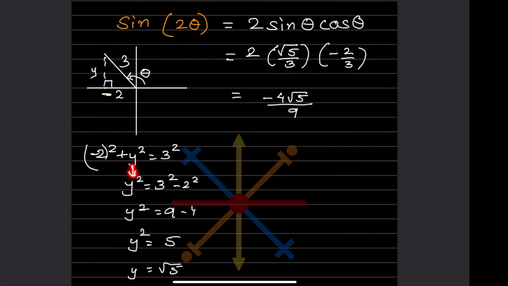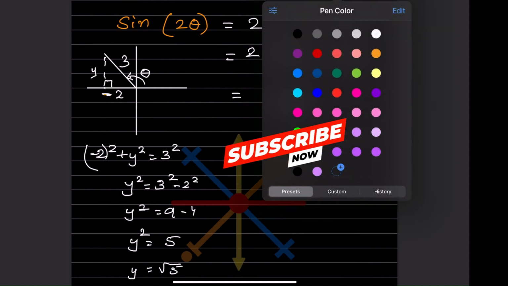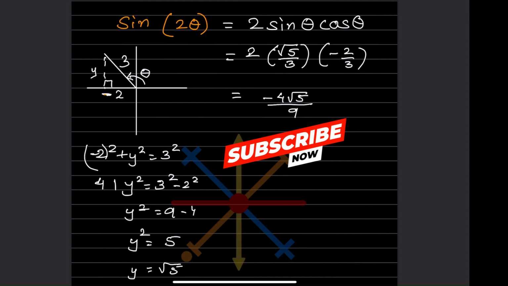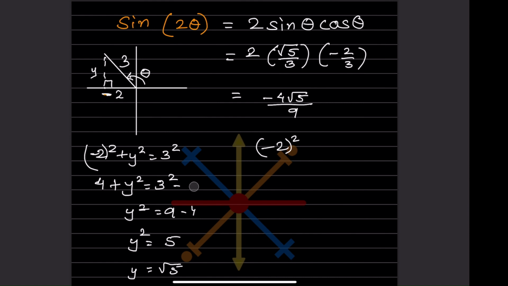We want the value of y square, with 3 square in its place. Now look here, I'll put a step over here. This is 4 because minus 2 square is 4. If I take this to the other side, we can write directly 4 here, and here we'll just put 3 square.